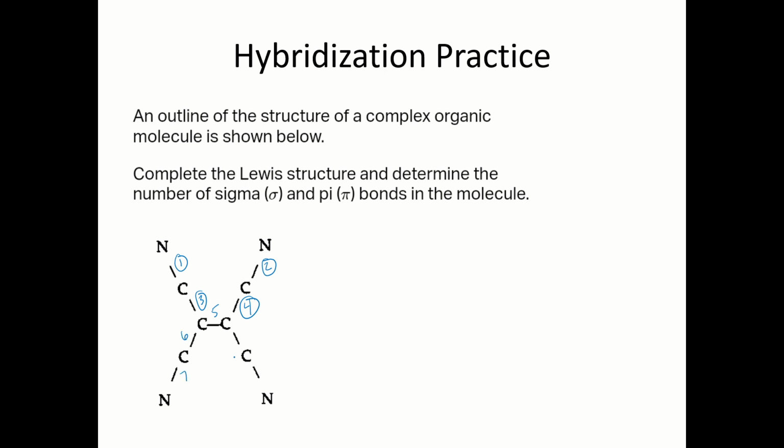So that's 5, 6, 7, 8, 9. So there are 9 bonds in this skeletal structure. And so I already know that I'm going to have 9 sigma bonds. And then the tough part is going to be figuring out how many pi bonds that I have. So I'm going to erase for a second, counting up those number of bonds.